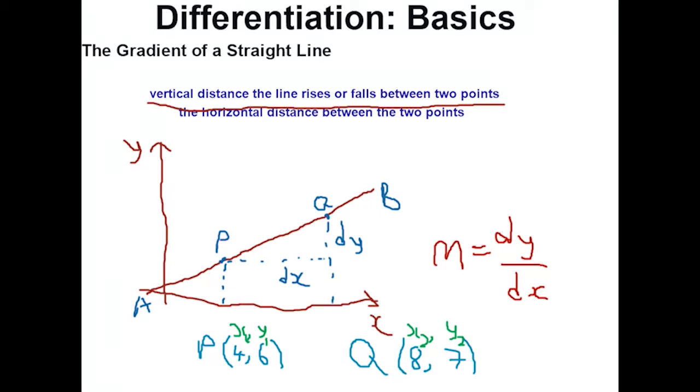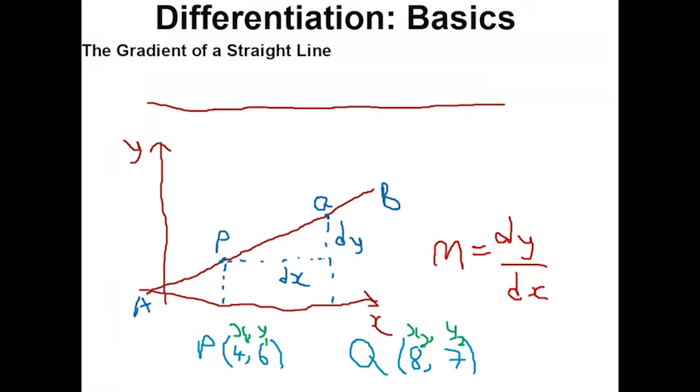I hope we got that. Now if we want to express this as a gradient, we have point P as (4, 6) and point Q as (8, 7).